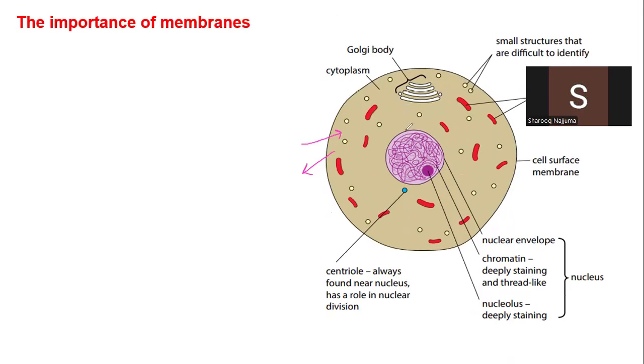We also saw that the different organelles within a cell have membranes surrounding them. For example, the nucleus has a membrane surrounding it, so that membrane is able to control movement in and out of the nucleus. Same thing with the mitochondrion: the membrane controls movement in and out of it.